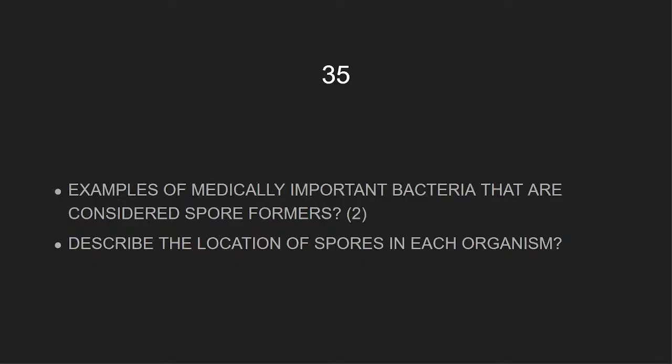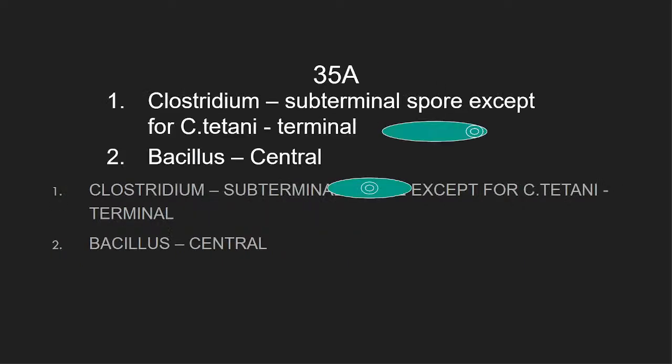So the location of the spores in these organisms, it's central for Bacillus and it's either subterminal or terminal for Clostridium. Okay? So that's what it looks like. For Clostridium, all species have a subterminal spore, except for Clostridium tetani, which is terminal, making it look like it has a drumstick appearance.